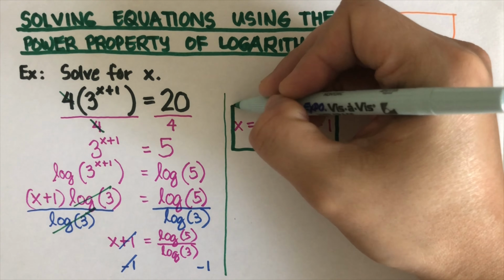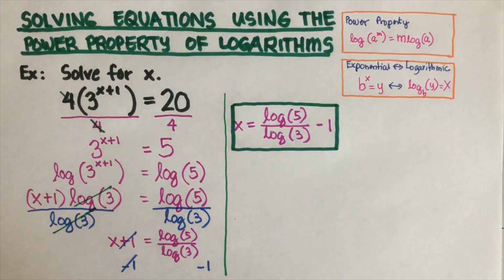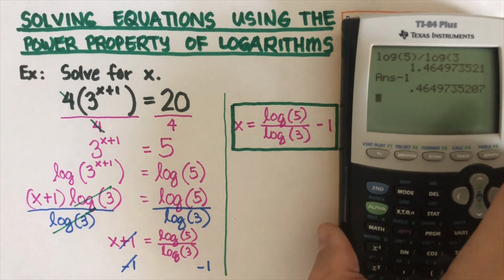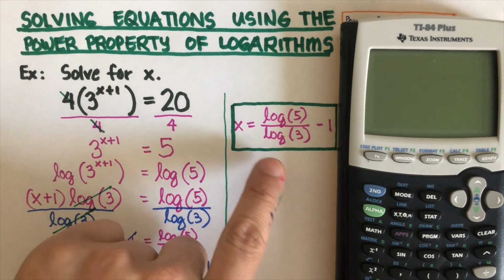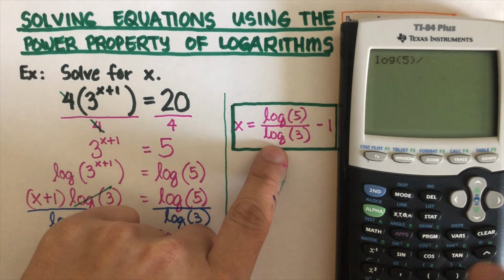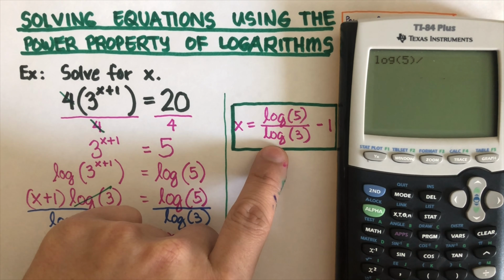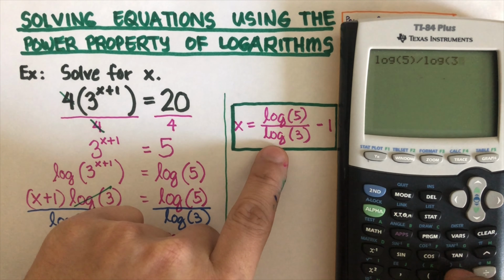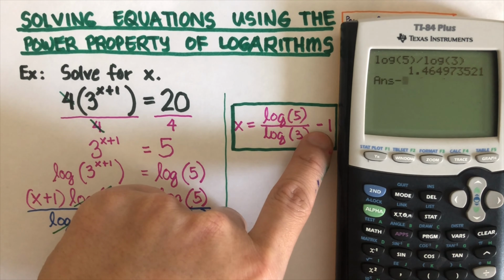Now, we want this in decimal form. To do this, we are going to use the calculator. We set up the calculator to find the value of x. That is log of 5, close parentheses, divided by log of 3, close parentheses, minus 1.